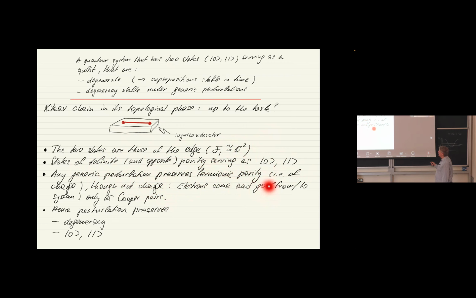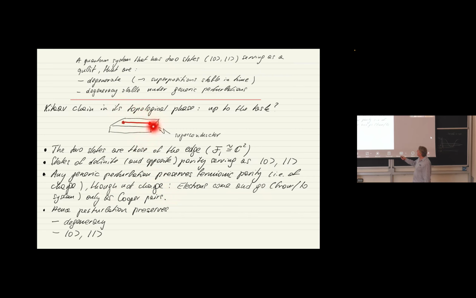That's the parity of charge. Not any generic perturbation preserves the charge. Here's the reason. This device here is next to a superconductor, and charges can pass from one to the other.